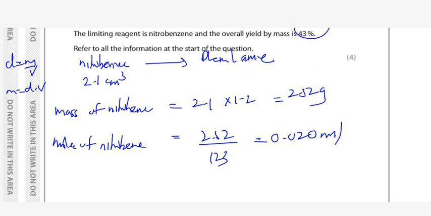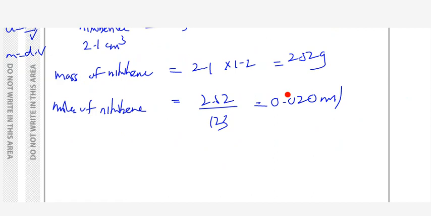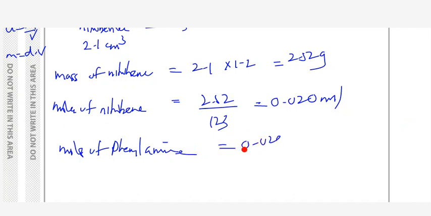Once you find that, you have to find the moles of phenylamine. That is a 43% yield, right? So moles of phenylamine is 43% of 0.020, which is 8.6 times 10 to the power minus 3 moles.